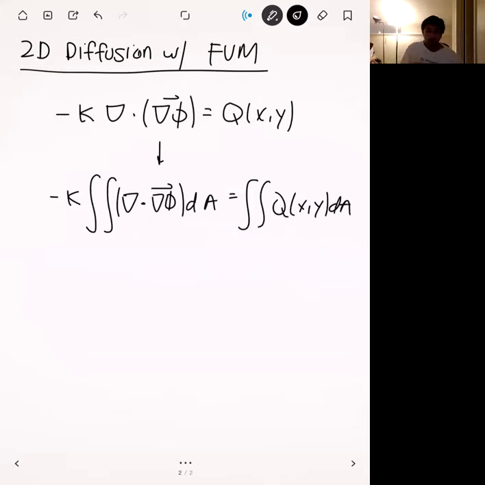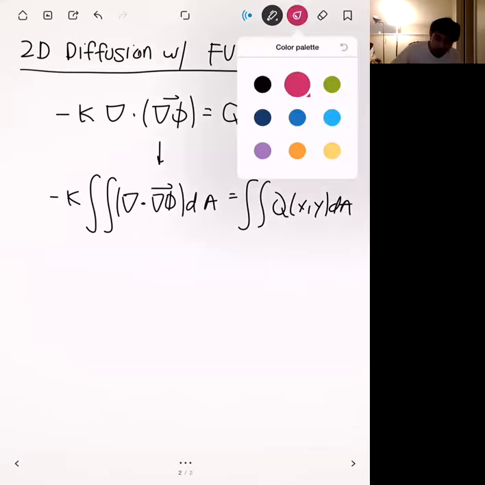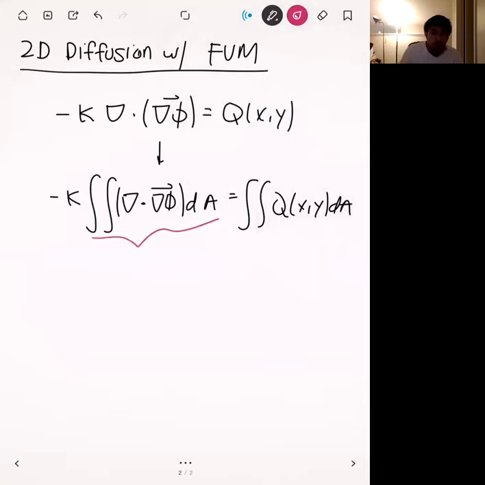Okay. And then what we do from here is we take this left integral, which is in the perfect form for a divergence theorem, and we're going to convert it using that. Okay. And so we perform that conversion.